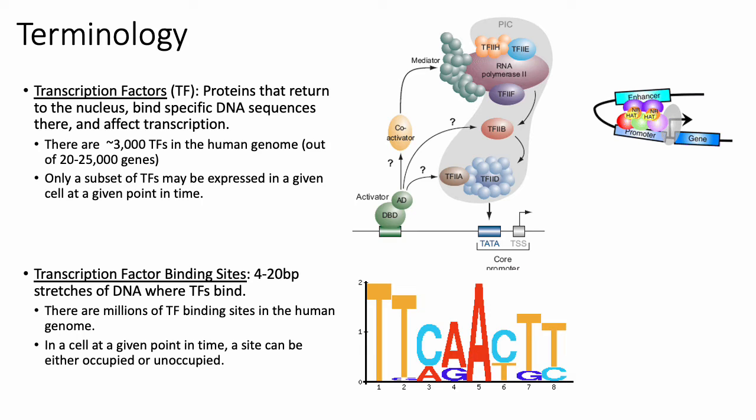And so it's worth pointing out that a lot of people have spent a lot of time trying to figure out, for each given DNA binding domain of a transcription factor, what is the sequence that that particular DNA binding domain binds to. And so it varies quite a bit in terms of the particular family of transcription factors that you're looking at.